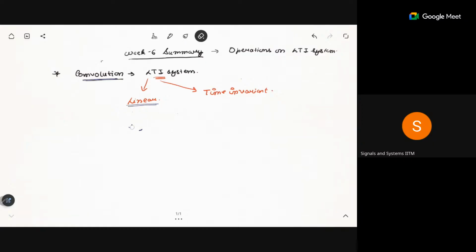Before that, can anybody let me know what is a linear system? If you have gone through the previous lectures, what is a linear system? In which if we give a times x1 of t, then that a will come out. Can you give an example?